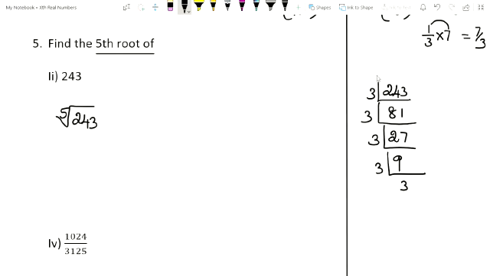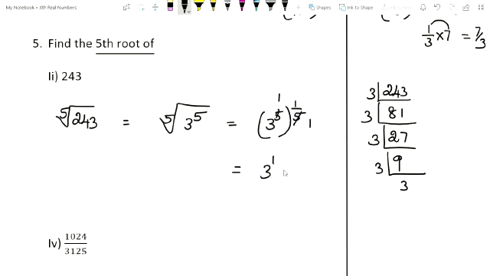So instead of 243, how can you write this? Fifth root of 3 power 5. Now you write it in fractional index form: 3 power 5 whole power 1 by 5, because here fifth root is there. So that 1 by 5. Now you cancel this, 5 ones are 5. So what will you get, children? 3 power 1. So 3 power 1 equals, what is the answer? 3. 3 is the answer. You understand?